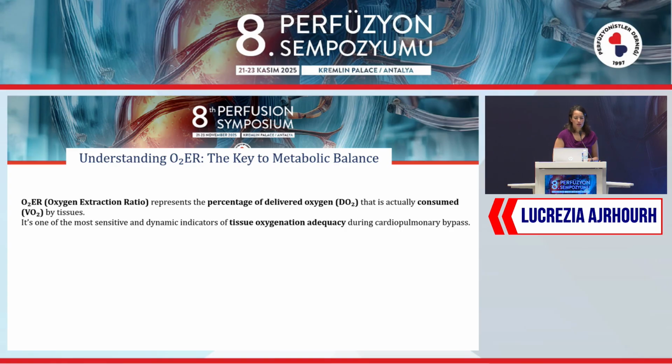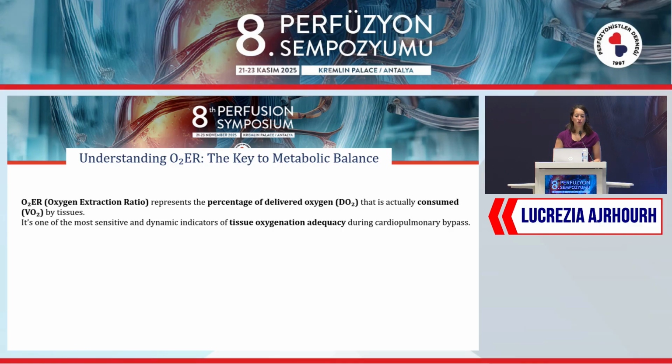A really important thing is to understand the significance of the extraction fraction. While DO2 depends on pump flow, hemoglobin, and arterial oxygenation, the oxygen extraction ratio reflects how much oxygen the tissues are truly using.